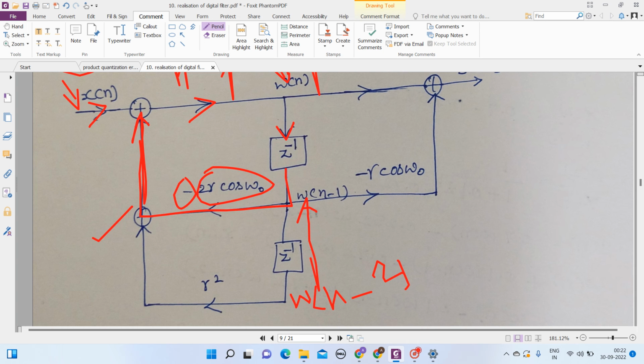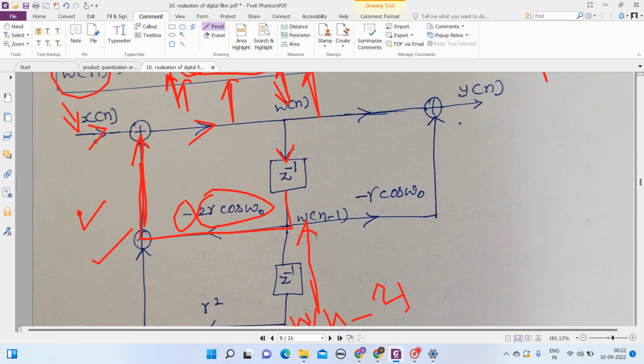So the third term is w of n minus 2 times r square, right? So I have added all the terms with the x of n. So the first half of the structure is completed.